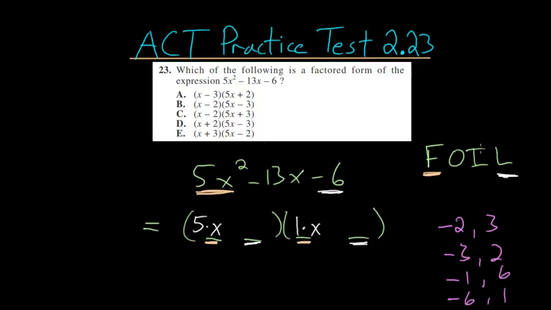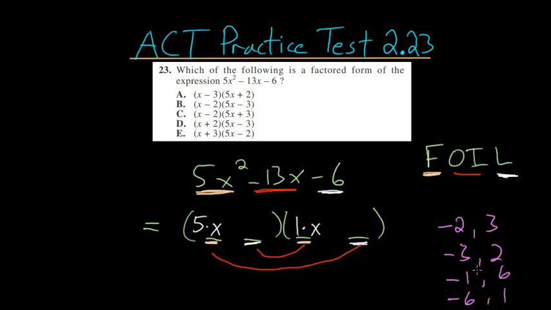Now, the last part of FOIL that we can use is the outer and inner. And we know that the outer terms and the inner terms, when you multiply them together and add or subtract them, what you get is this minus 13x. So some combination of these outer terms and inner terms multiplied together gives us this minus 13x. And from here, we know that these missing terms would have to be one of these choices.